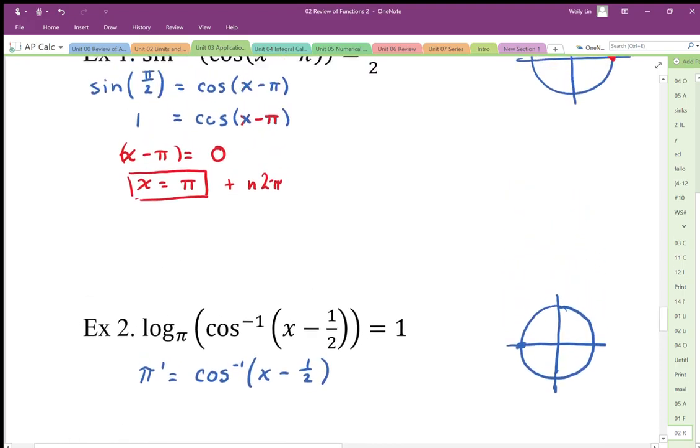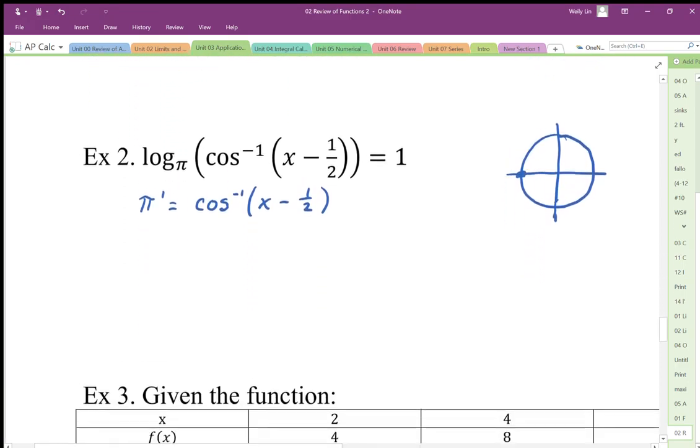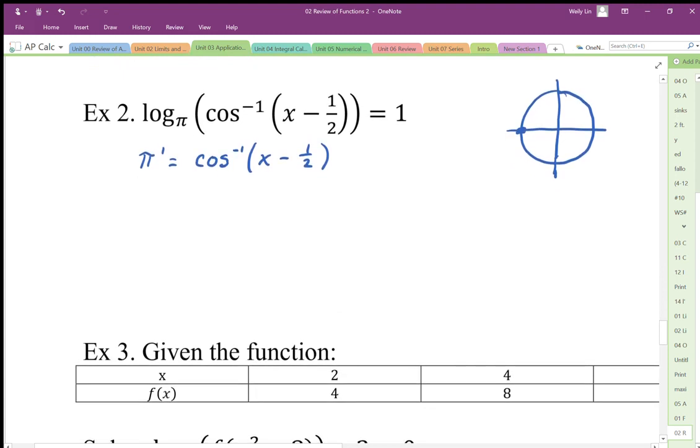We could also write it this way, again, just like we did up here. To undo the arc sine, we use sine. So I can undo this arc cosine using its inverse, cosine. You can write it using the cosine function. So cosine of pi must be equal to x minus 1/2.